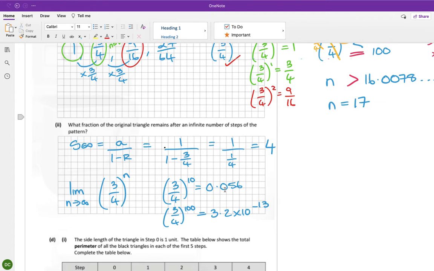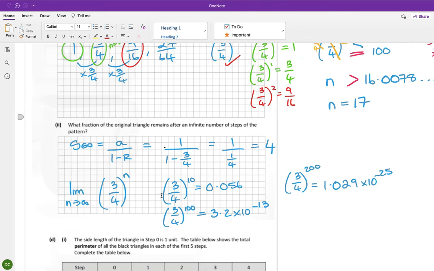That's tiny. I don't know if it'll let me go any bigger. Let's try 3/4 to the power of 200. Now I'm at 1.029 times 10 to the minus 25.